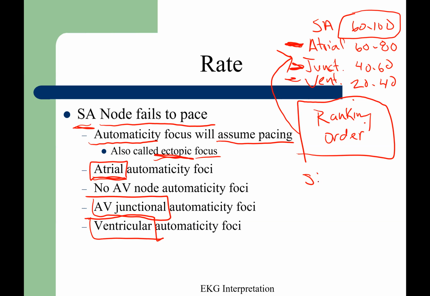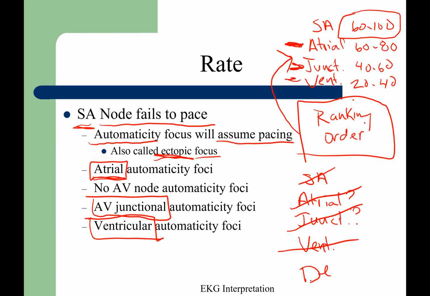So say the SA node fails, will it be the atrial? If the atrial does not fire, the next one in line that has the priority is the junctional. And if it doesn't fire and start pacing the heart, our last resort is our ventricular cell.